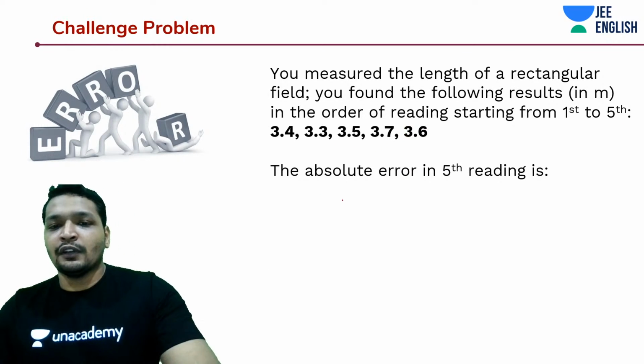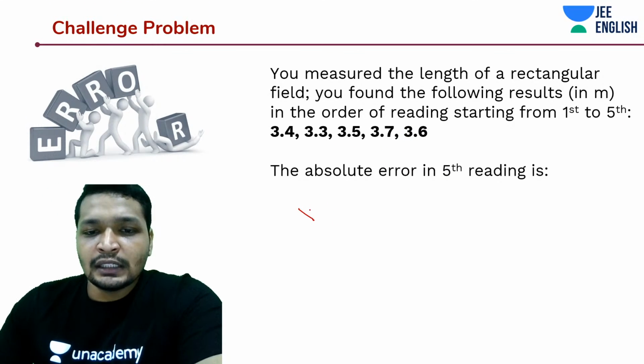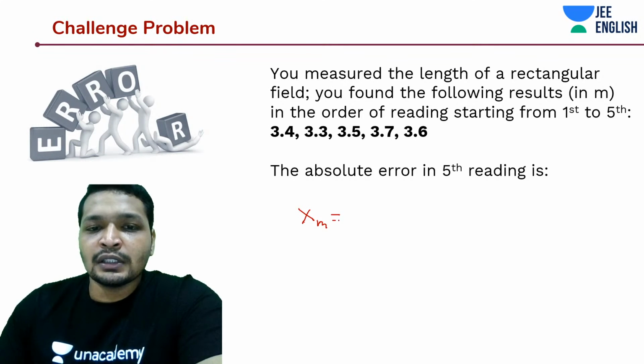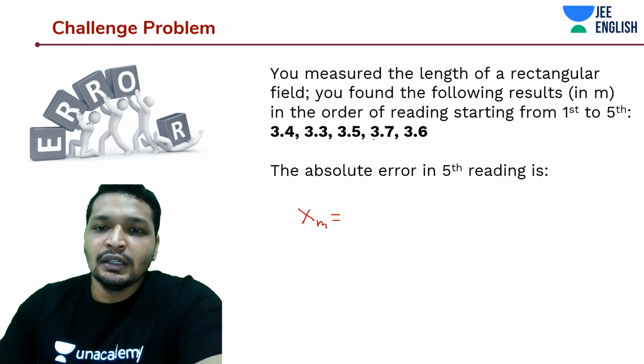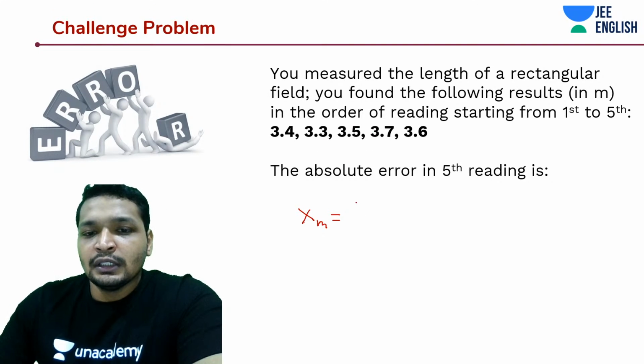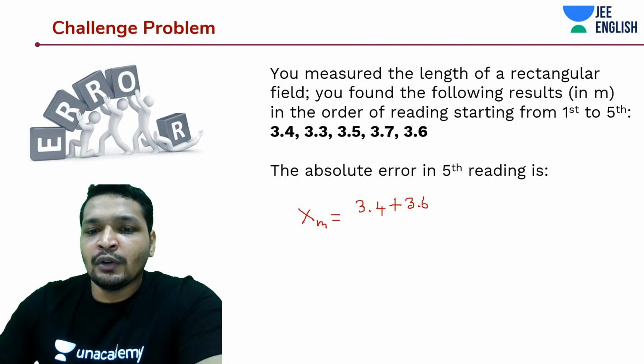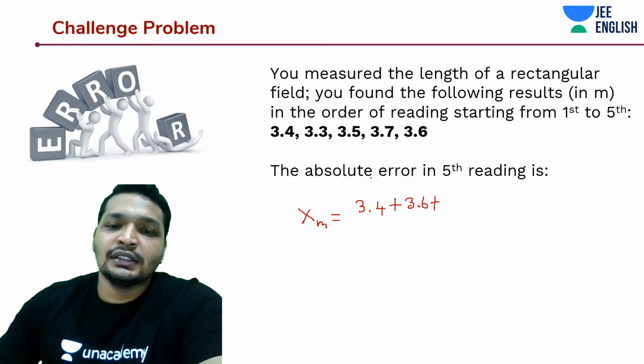You'd simply first of all calculate the mean. I guess you already calculated the mean for a similar one, 3.4 plus 3.6, and so on. You're going to add them all. You can make a habit of writing it down like this because you won't have a calculator in your exam.